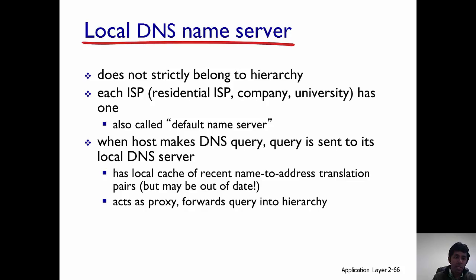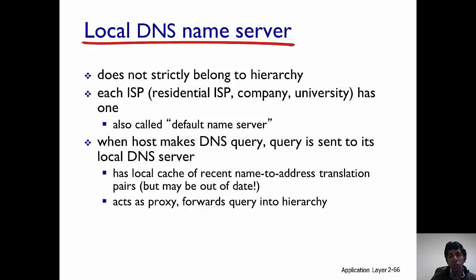So what happens is, a university or a company has a local name server which caches, or keeps a copy of, some of the popular host names and the IP addresses. So whenever a host wants to resolve a host name, it first contacts the local DNS. If the local DNS has a copy of resolving the host name to an IP address, it's going to return that to the host.